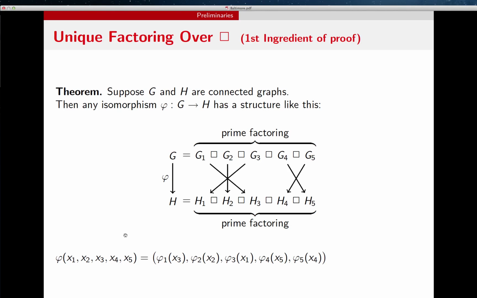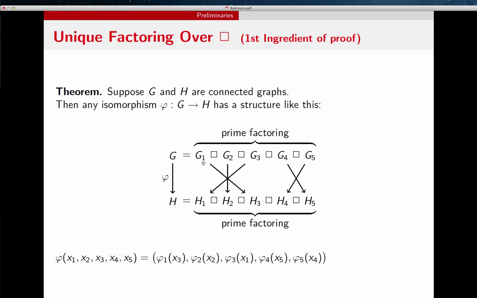Essentially, phi would have a structure like phi of x1 through x5 is, say in this case, phi1 of x3, comma, another component function, phi2 of x2, then phi3 of x1, phi4 of x5, and phi5 of x4. So each component function is an isomorphism from one of the prime factors of G to one of the prime factors of H.